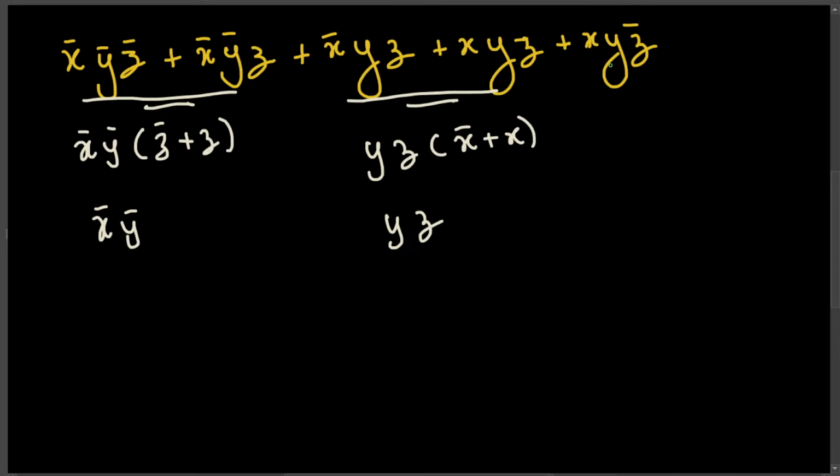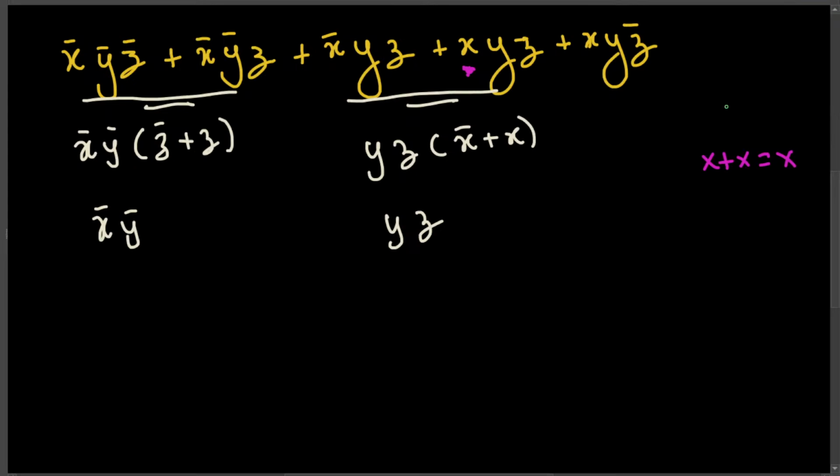Now here we have this one left alone, but one thing we can do is apply this property from Boolean algebra, that x plus x is equal to x. If I can copy this, I can take xy common and solve for z. Let me write it so you can see it clearly.